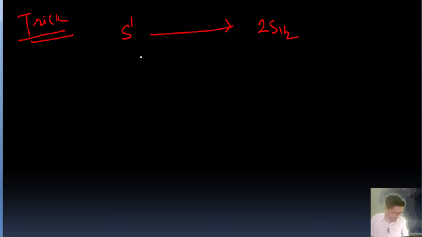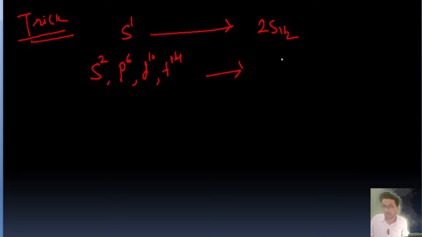For fully filled electrons, that is s2, p6, d10, and f14, the ground state term is 1S0, guys. 1S0 for the fully filled electrons, because in p orbital there are maximum 6 electrons, right? Maximum in d10 and f14. So ground state term is 1S0. These are tricks, guys. You need to note down.